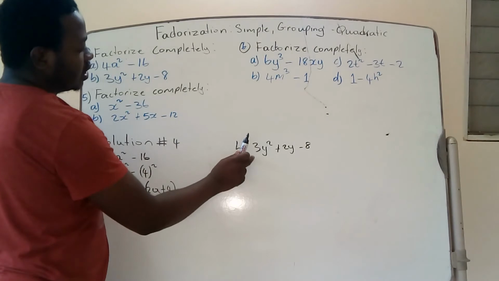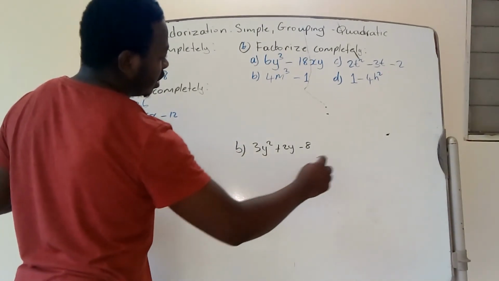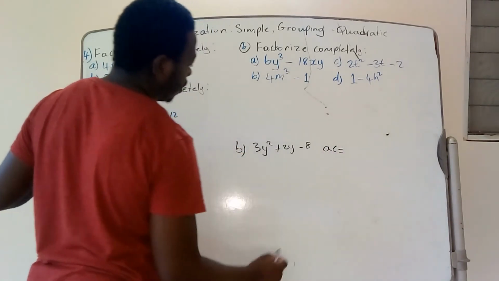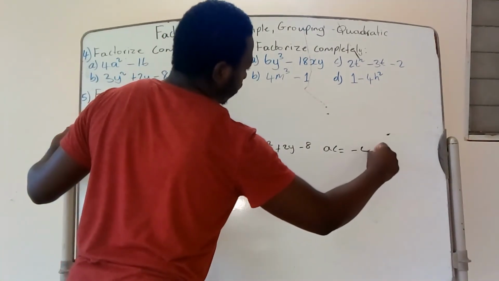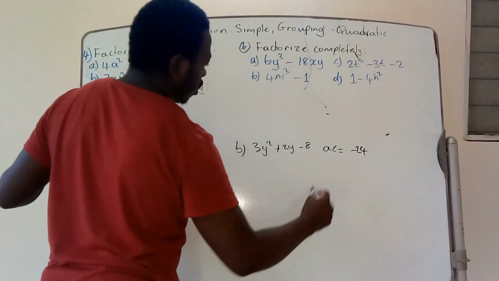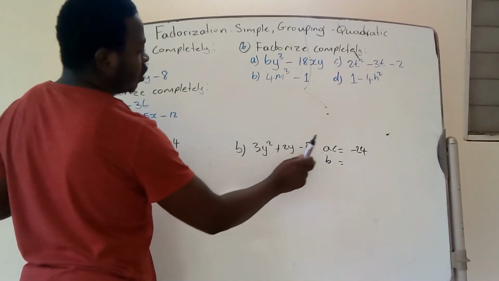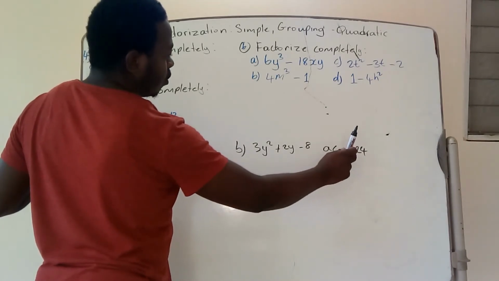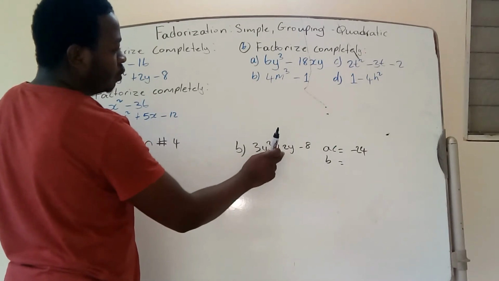We know that this is a quadratic expression, so we can factorize it by using the AC method. 3 times minus 8 gives us minus 24. Now our B term should be 2 factors of minus 24. Whenever we add or subtract them, we get positive 2.